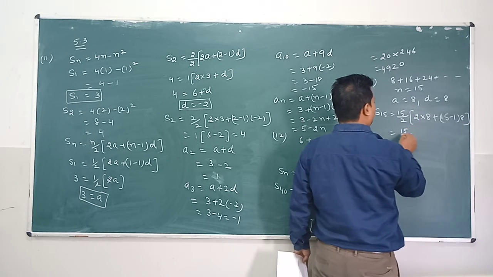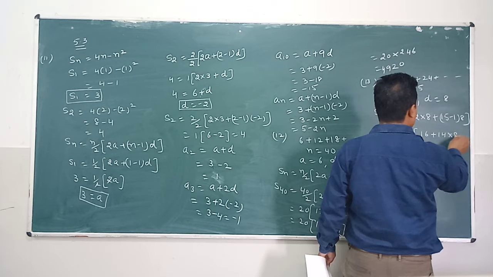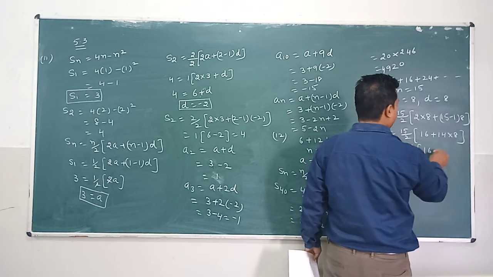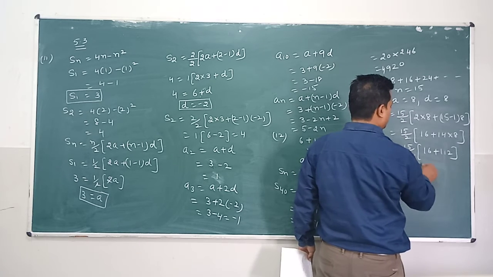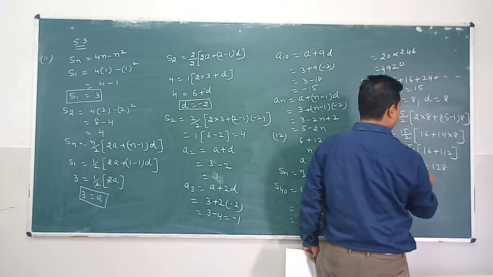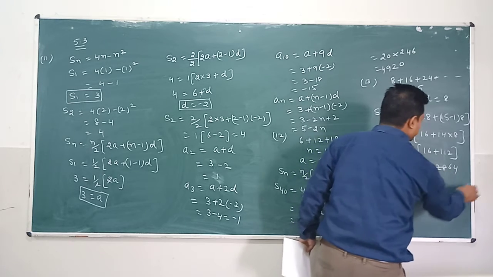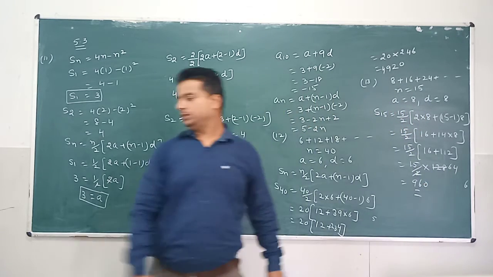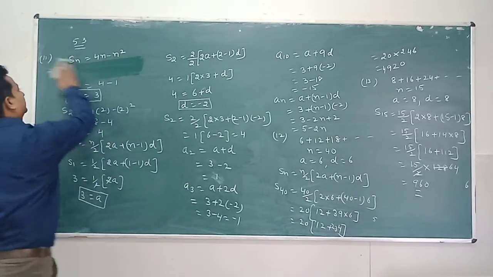This is 15 upon 2 into 16 plus 14 into 8. 14 into 8 is 112. So this is 15 upon 2 into 128. This is 64 into 15, 960 is the sum of this series, the sum of multiples of 8.